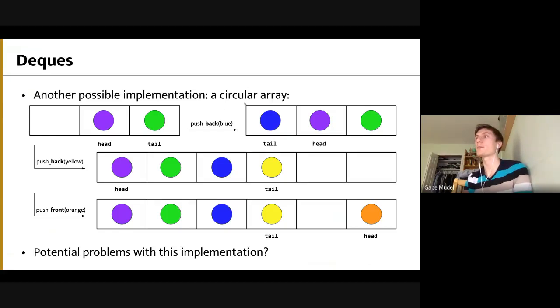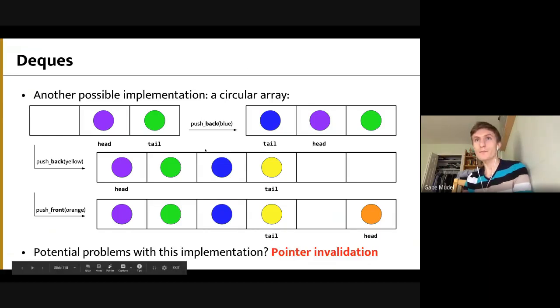I think we talked about a circular array, or circular buffer, in lecture, so hopefully this is a little bit familiar. But again, we have some problems with this implementation, and that is we have pointer invalidation, right? As we talked about earlier in the lab, when we have to grow our array, we will be getting rid of pointers to our array. That's a problem that doesn't need to be there necessarily.